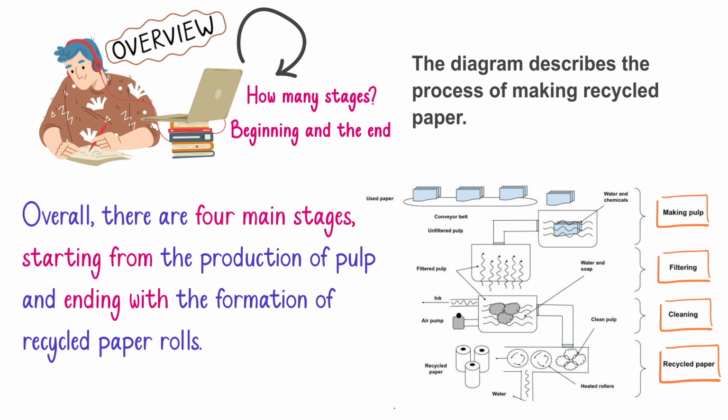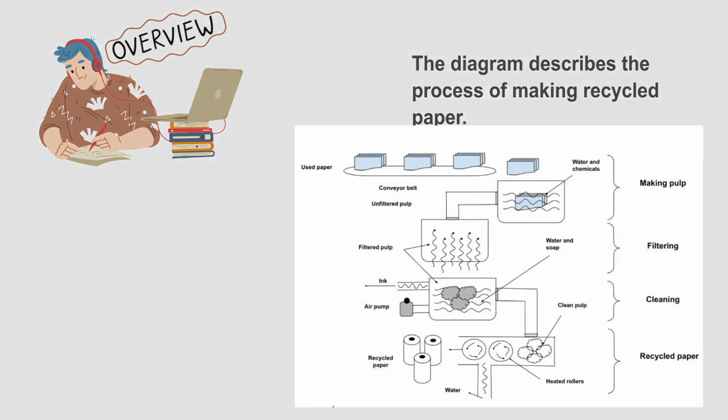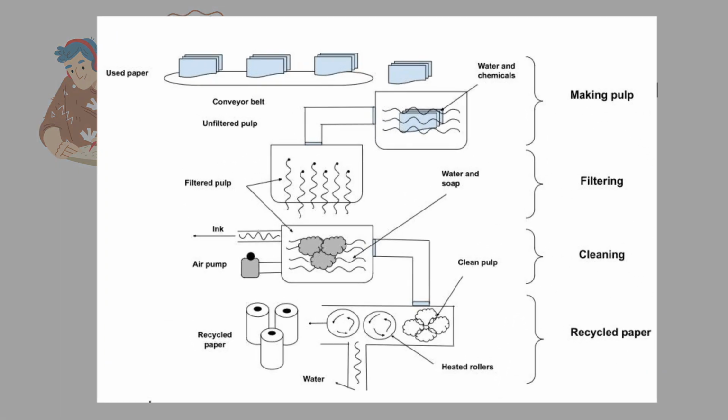Now, before writing our 3rd and 4th paragraph, let's take a look at our diagram here. Let's see what is happening here. So first of all, used paper is put on the conveyor belt, and it is put into a tank with water and chemicals, and it is mixed with water and chemicals.